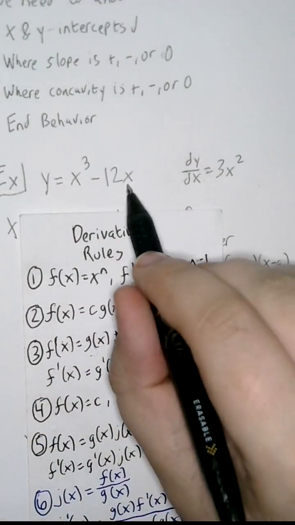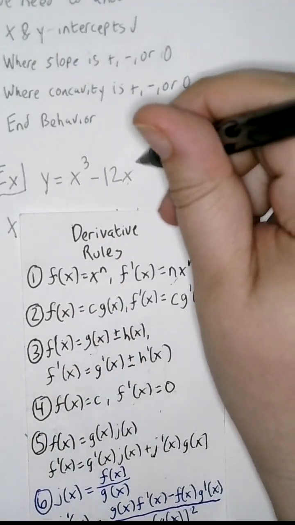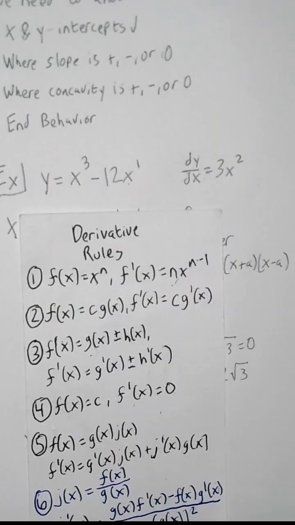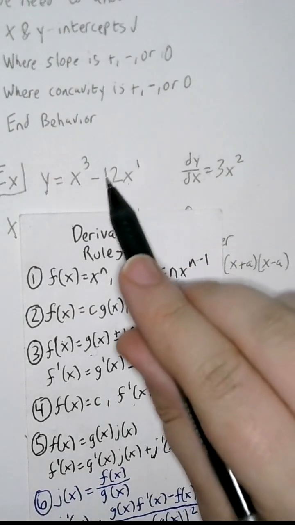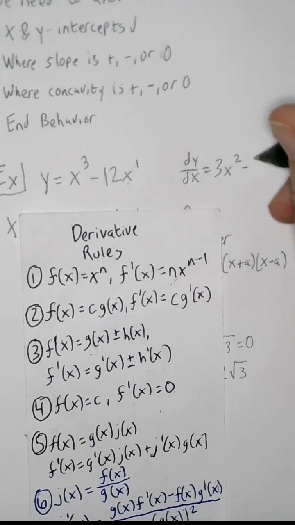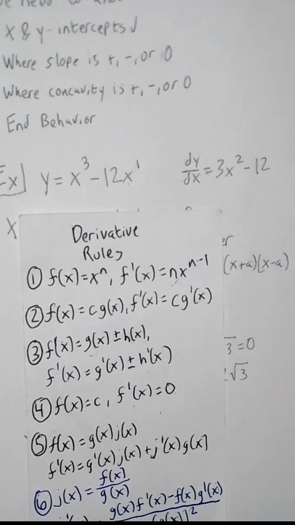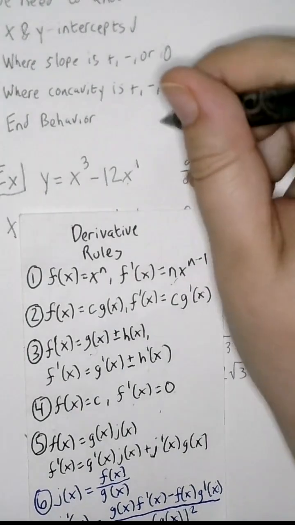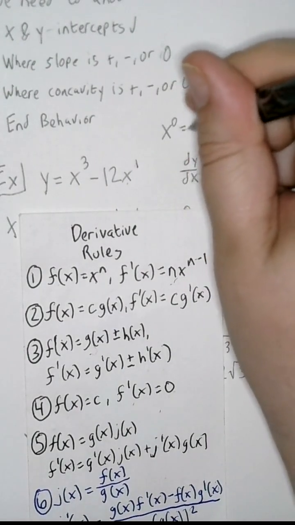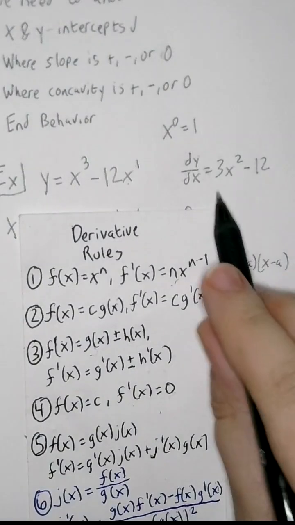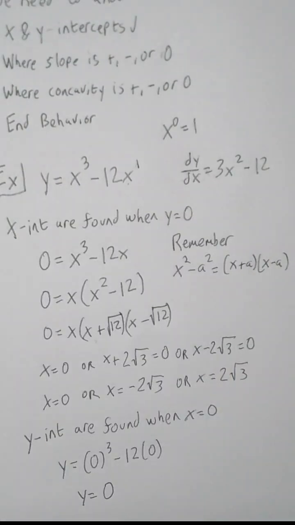And then remember, a variable without an exponent is the same as that variable raised to the first. So I take my 1, multiply by negative 12, so that's going to be minus 12. X to the 1 minus 1 is 0. And remember that x to the 0 is equal to 1. So there is my derivative.